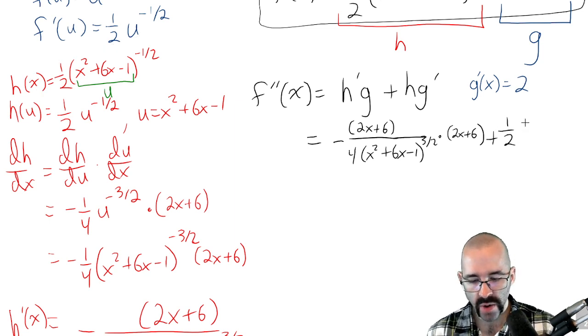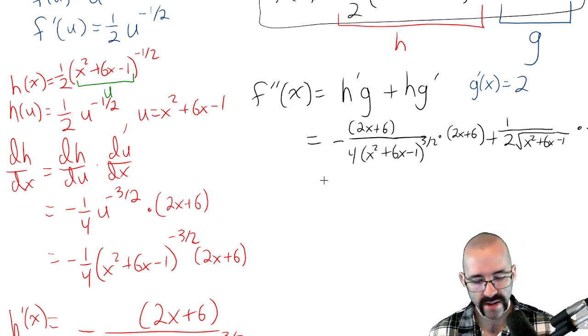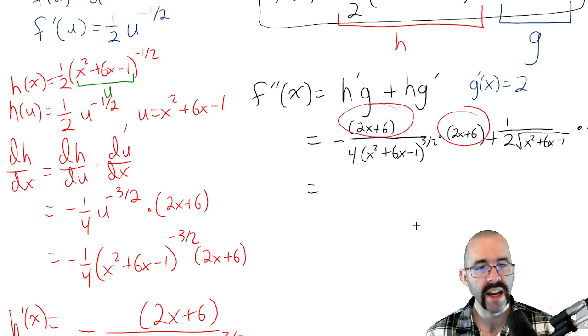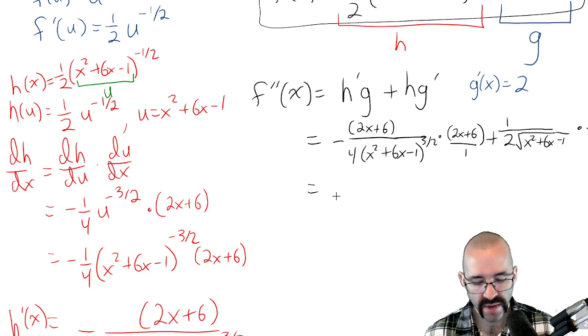1/2. Oh, we can rewrite this one, right? 1 divided by 2 times the square root of x squared plus 6x minus 1 times g prime. We said g prime was just 2. And now this actually does clean up a little bit. Notice over here, we have this times that. We can think of this fraction as dividing by 1.